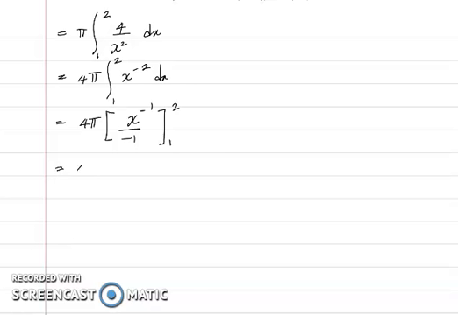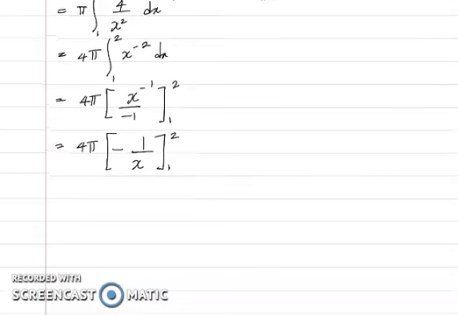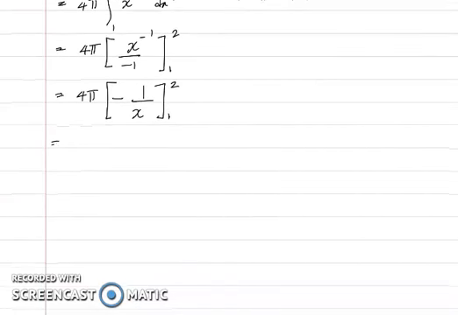So this becomes 4 pi, and then we have minus 1 over x, from 1 to 2. We can pull out the negative if you want. So we have minus 4 pi, and then we have 1 over 2, so replace x with 2, minus, replace x with 1, 1 over 1.